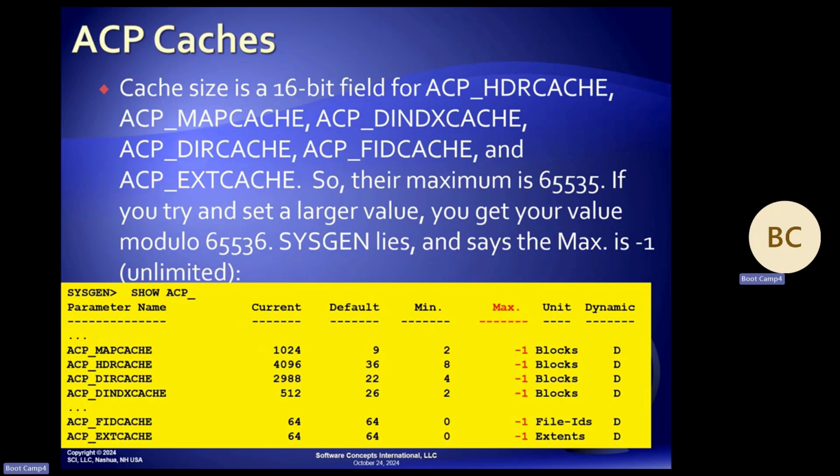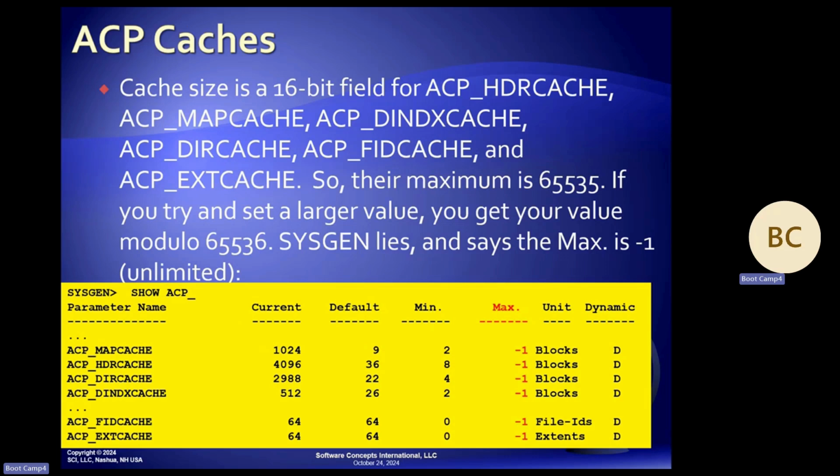And I've done that before. I've raised it above the maximum value, and sysgen says there's no limit. So sysgen's not going to correct you and say, oh, you can't set that higher than that. So I would like to see VSI either raise the maximum, which would be the optimum, because our systems these days have enough memory that we could probably afford some larger values.